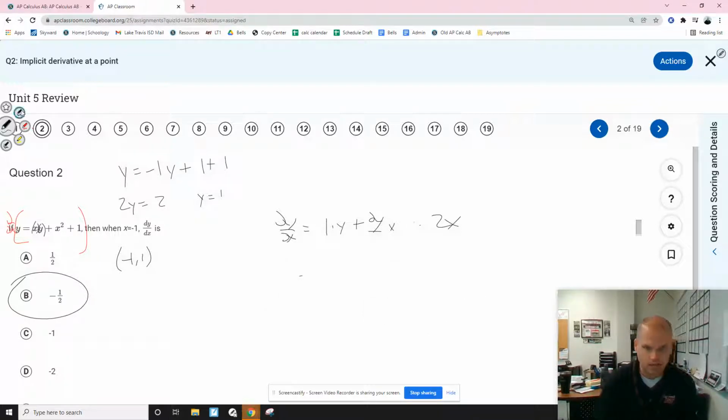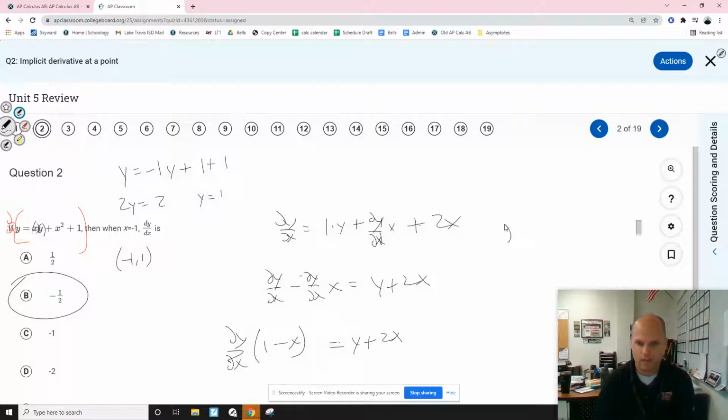Oh, I just lost my entire derivative. Okay, good. Isolate the dy dx, solve for dy dx. I'm going to subtract dy dx. This isn't magic. You don't move stuff. You subtract, you add. Factor out. When you factor out dy dx from this, you'd have 1 minus x.